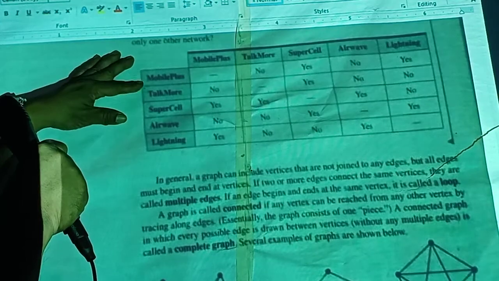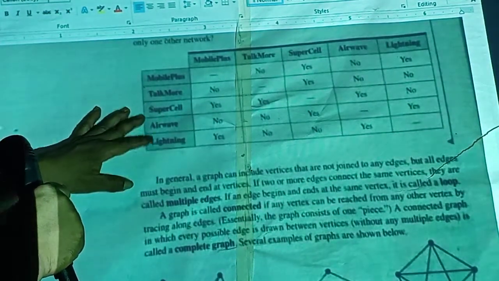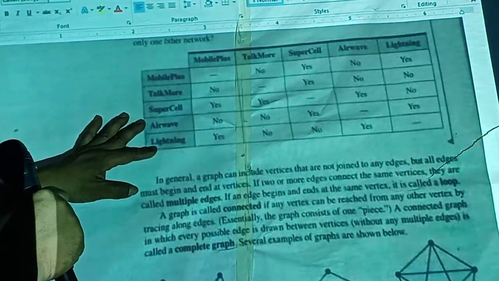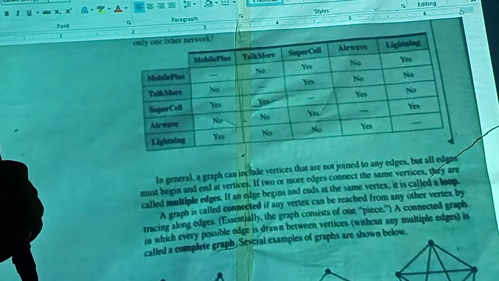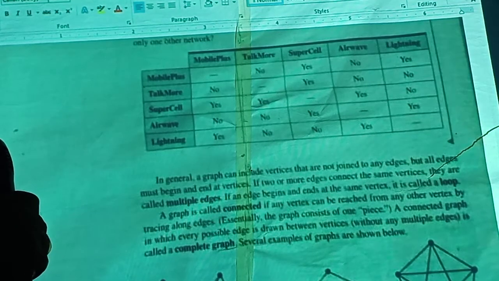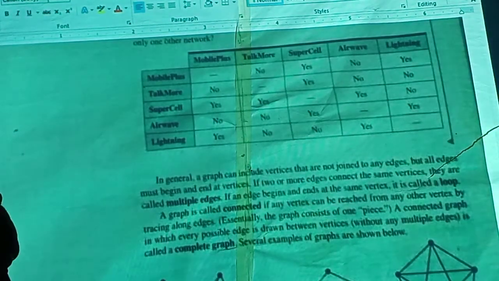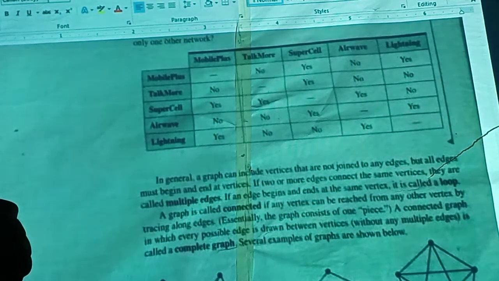So, Mobile Plus, Talk More, Superpol, Air, and then Airwave, Lightning. Or here, we have Talk 'N Text and the Globe, and then the Smart or the smartphone, and then the Sun. I think there are only three. The Smart, Sun.